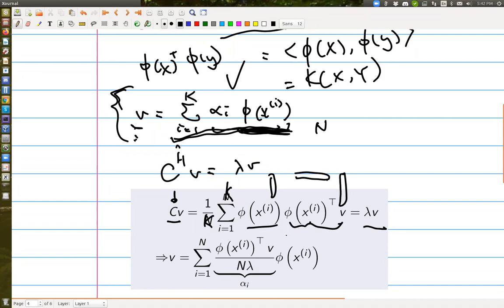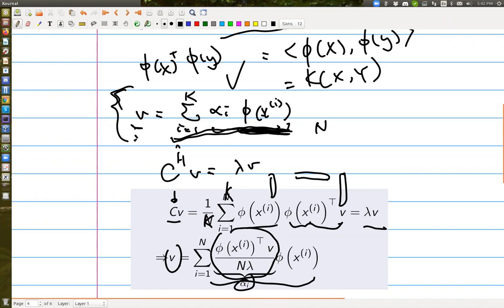So this is a scalar. I can move it up here, multiplied by this guy here. And this thing is equal to lambda V, so I can have lambda down here. Therefore, I will precisely have V equal to this thing here, and this whole thing is just a scalar, so it can be considered exactly the alpha i here.